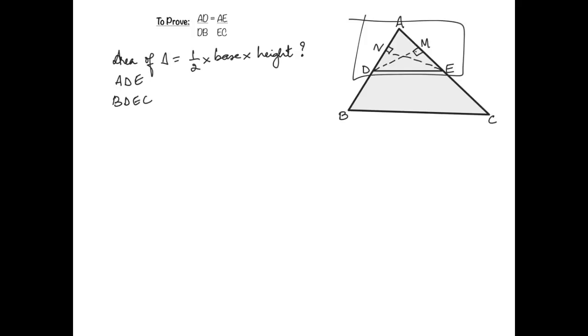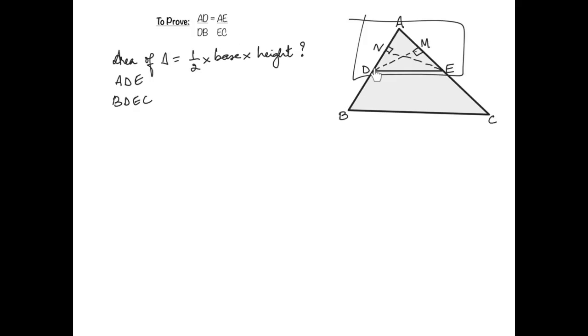Now coming to the second part, that is BDEC. Where do you find a triangle? It is a figure with four sides, right? So where is a triangle? There is no triangle here. But we have DB and we have EC.